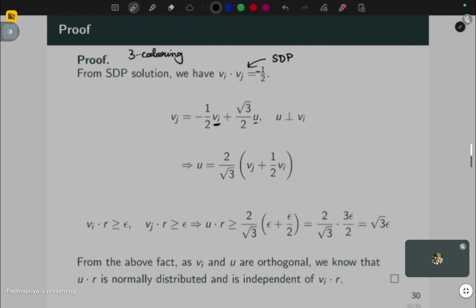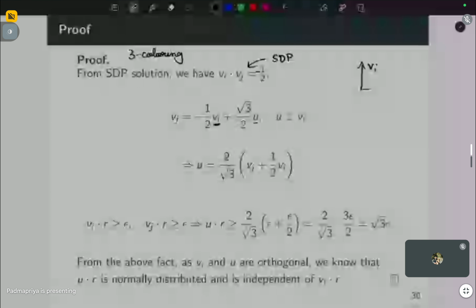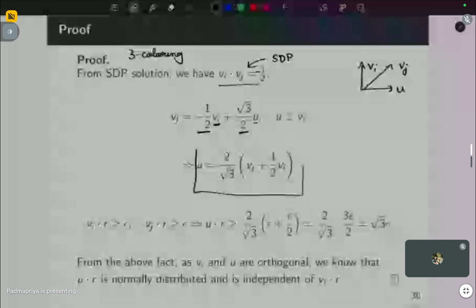Basically if you have vi and a u, you are resolving vj along these two. From this follows, and this is a unit vector, so this also follows, and with some rearrangement you get this u as 2 by root 3 into this number.